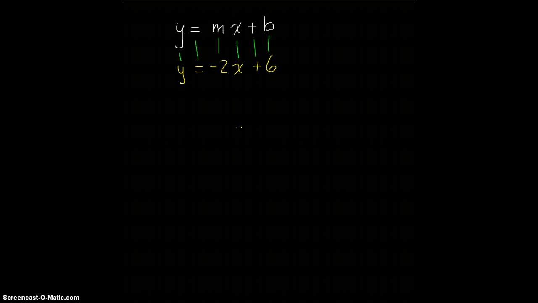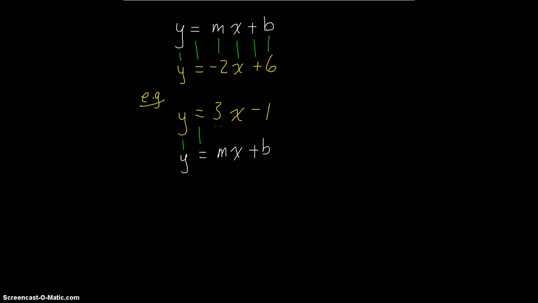Let's look at something that's slightly different. Let's look at y equals 3x minus 1, for example. Well, how does that line up? Well, the y lines up, the equals lines up.